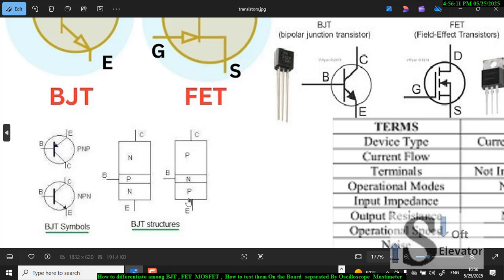And the same way, this one is PNP. So this is the base, the emitter, the collector. Here I will put the black one in the middle, on the base, and I will repeat the test. I will find small resistance here, and with the collector also small resistance.